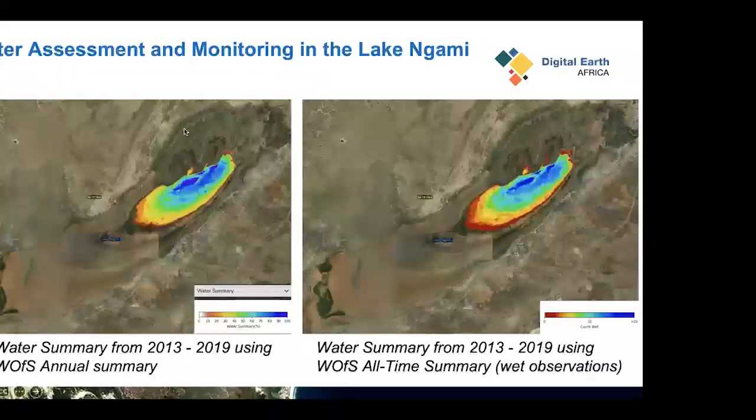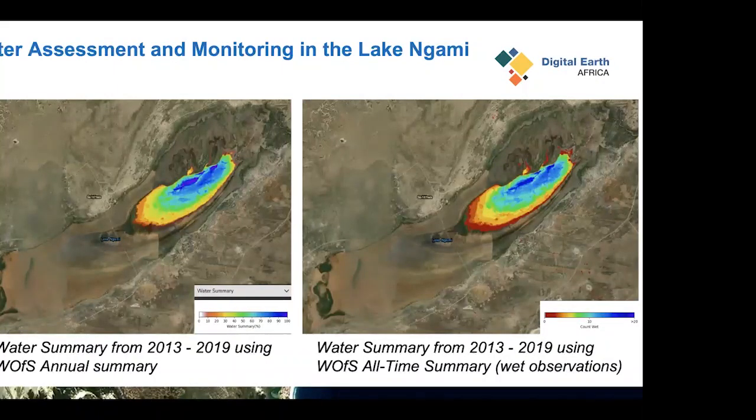Okay, so this is the assessment from Water Observations from Space, from 2013 up to 2019. Within the water summary, you notice that the lake is very large, but only a few areas have been experiencing water. From 2013 to 2019, the deep blue means only a small portion has been observing water, but the green, yellow, red, and pink areas observed less water.